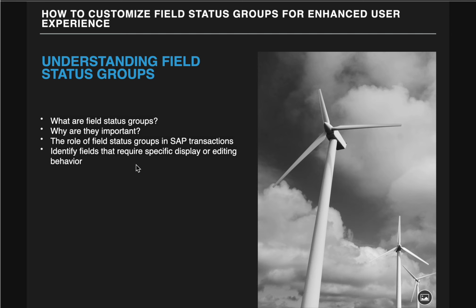So it's basically about the fields which are there in SAP when you enter some transactions or you do some postings. You have some fields where you are giving an input, where you're giving some data. It's all about the fields.